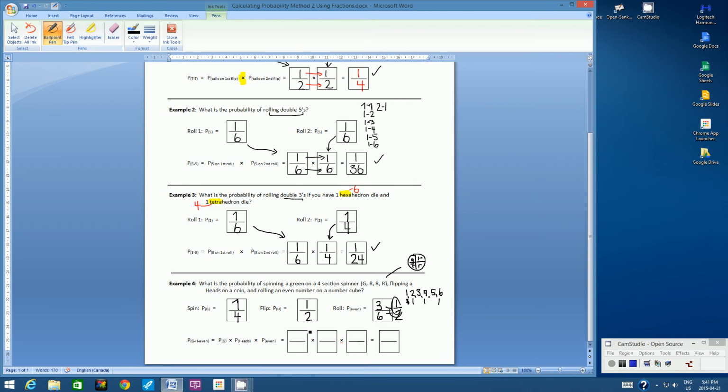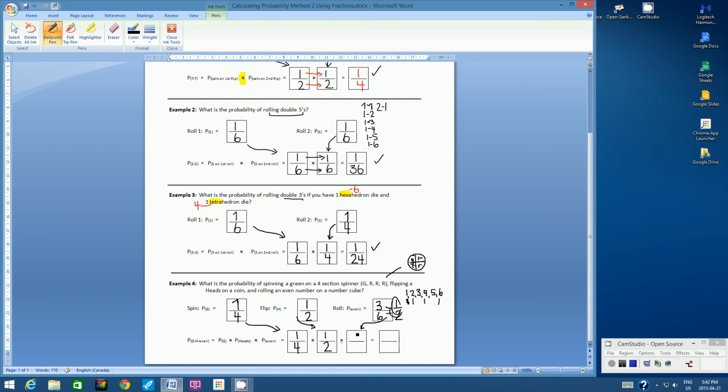So what is the probability of getting green, heads, and an even number? Let's start with the first thing. What's the probability of getting green? It is 1/4. What's the probability of getting heads? 1/2. And then what's the probability of getting even?